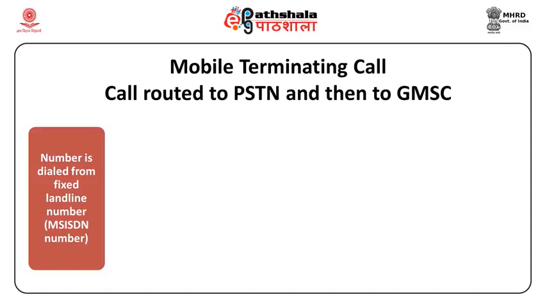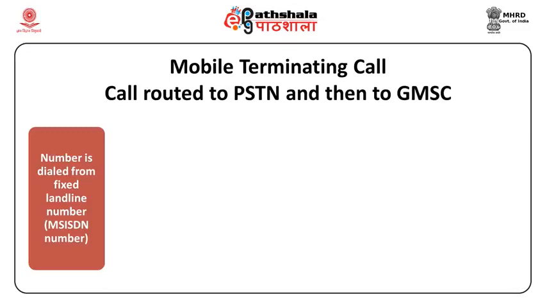When we studied the GSM architecture, we studied these two types of identifiers which are used with respect to a subscriber. The ISDN number is known to the whole world; that is the number which you give to your friend when you want him or her to make a call to you. But the network identifies you using a different identifier, which is known as the IMSI number.